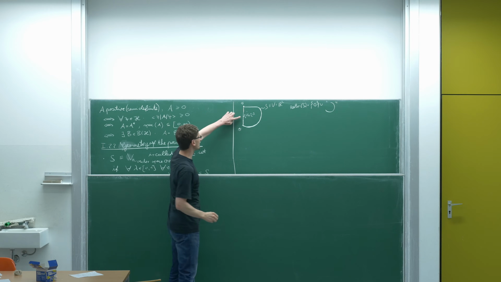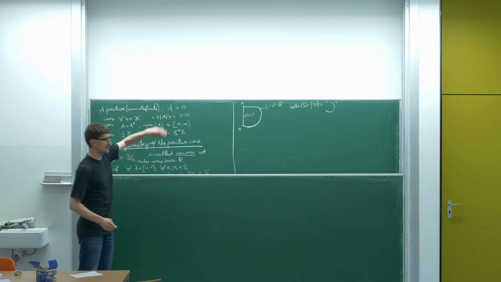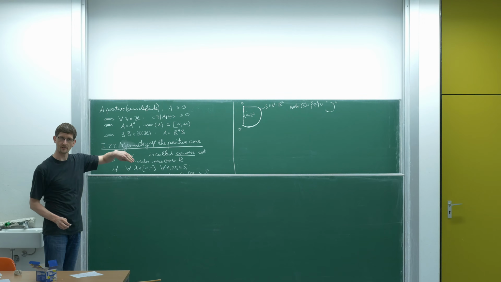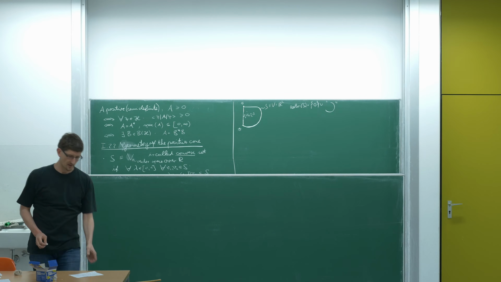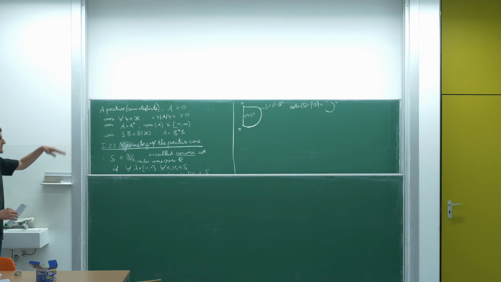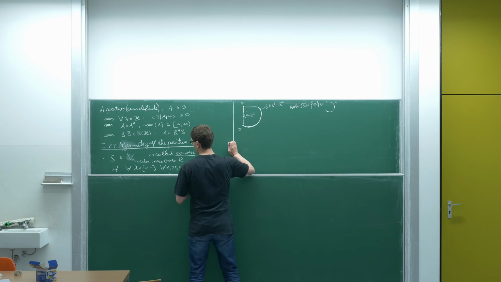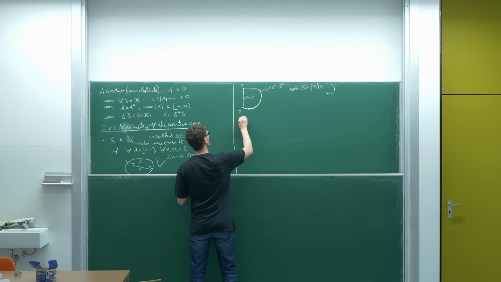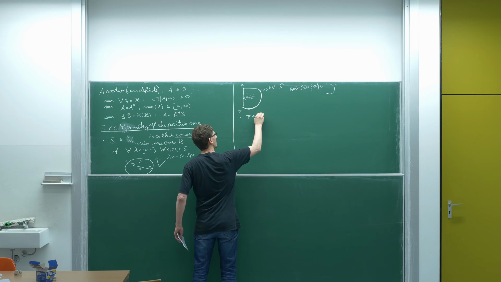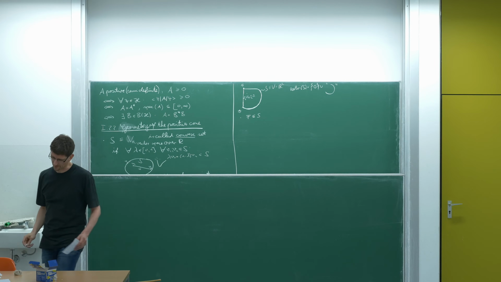So this is not an extreme point, however it lies on the boundary of the set. And some convex sets have straight boundaries, and they are called faces. So another definition: a subset of a convex set is called a face.